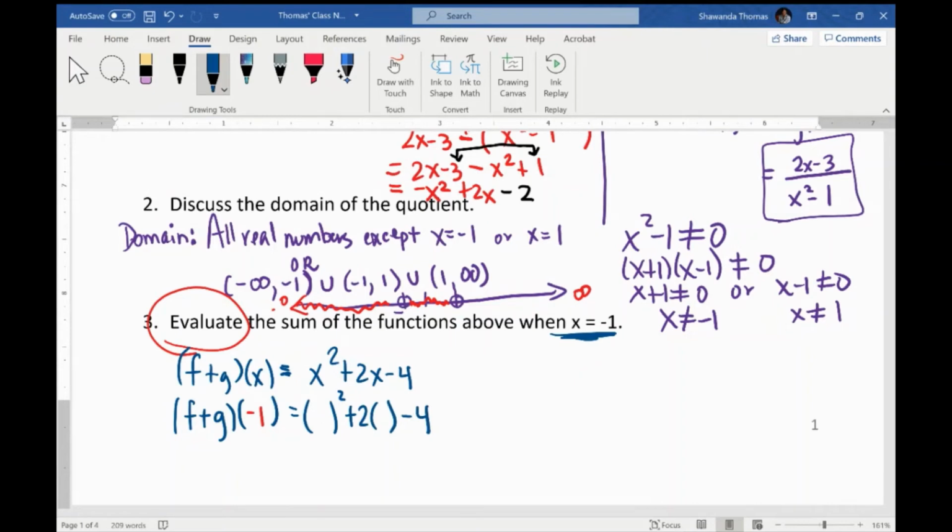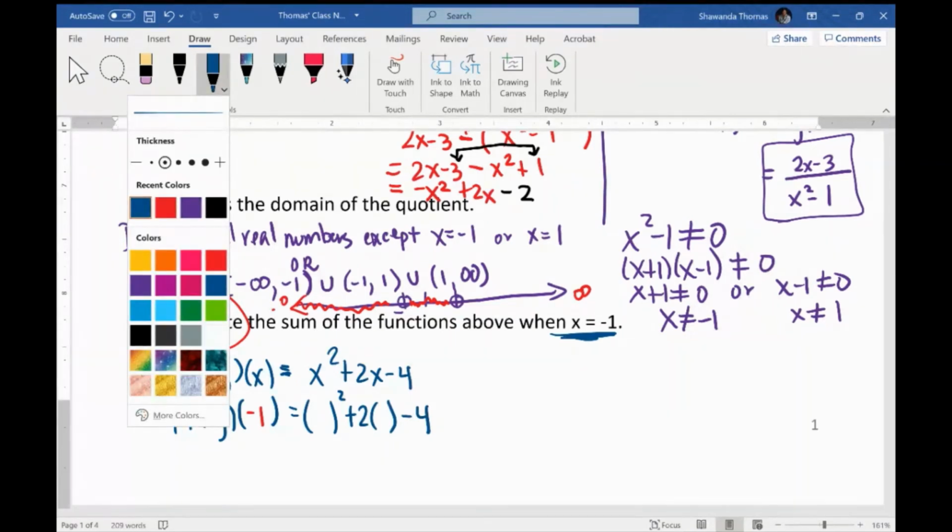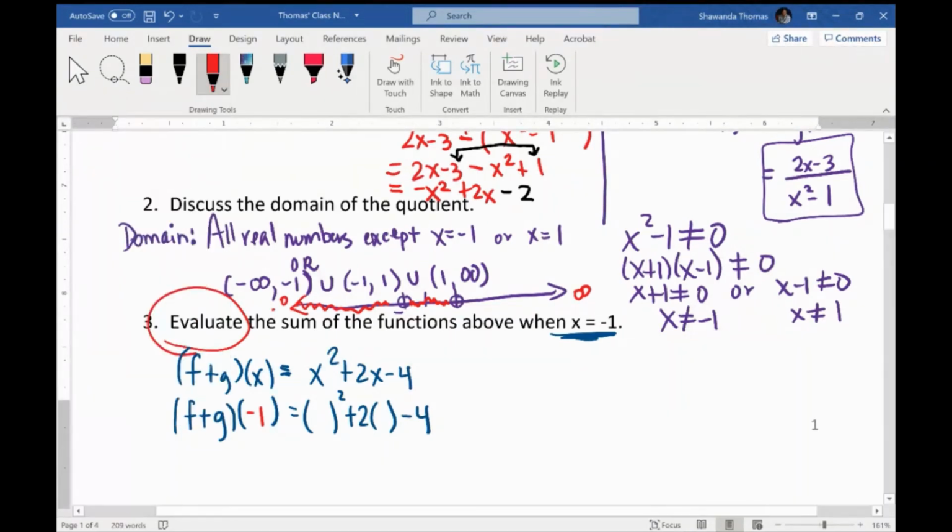In place of all the x's, that's what it means to evaluate. We're replacing all of the x's with a -1. So evaluate basically means to find the value of, and we do it by substituting something.